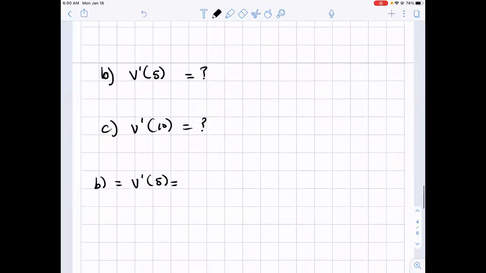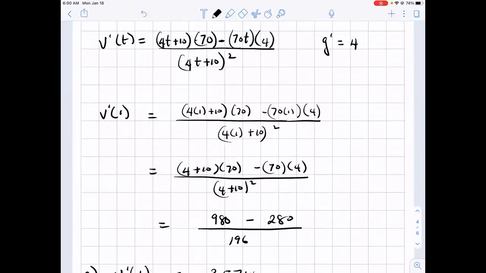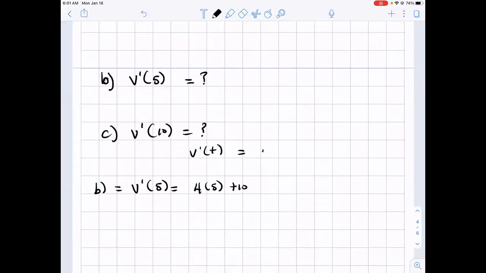We have V prime already. Okay, this is our V prime. Remember V prime of t is 4t plus 10 times 70 minus 70t times 4 over 4t plus 10 squared.